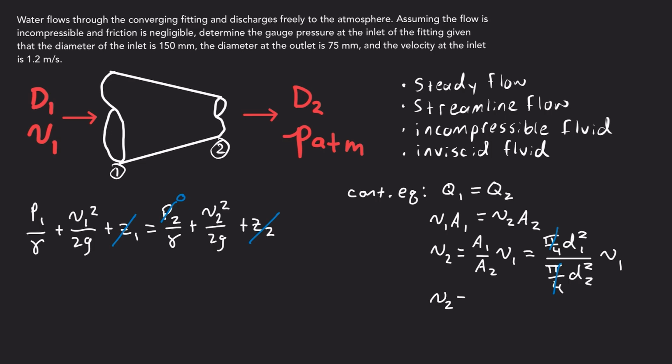So V2 equals our inlet diameter squared over our outlet diameter squared, times our inlet velocity.